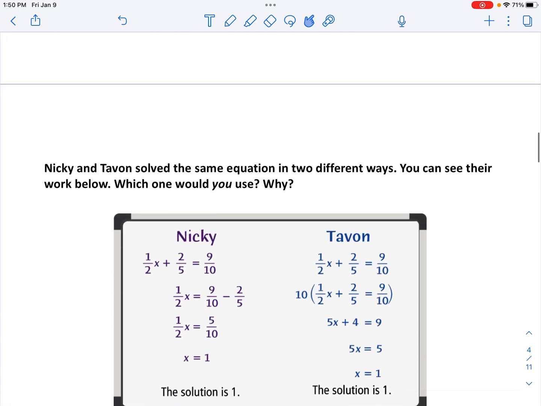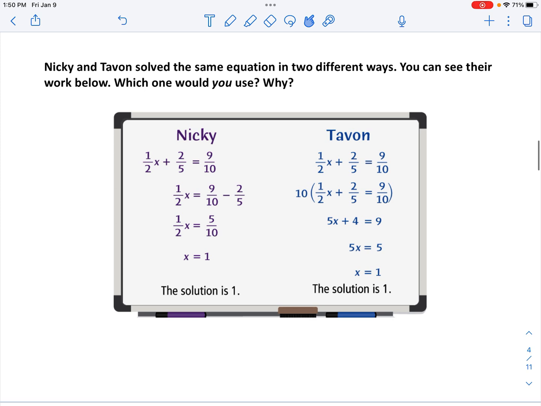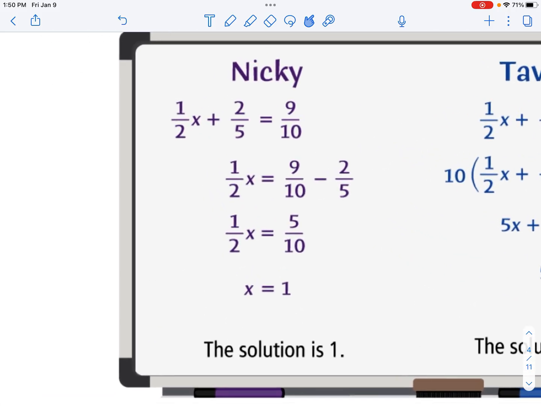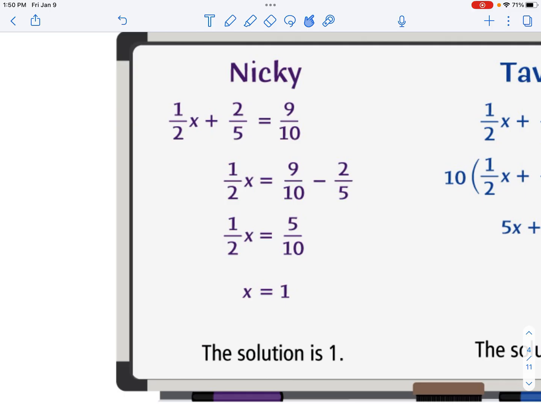Okay, so take a look at these two students, and they've solved the same equation in two different ways. You can see the work below. This student, it appears, has solved just using fractions, and they got x equals 1.